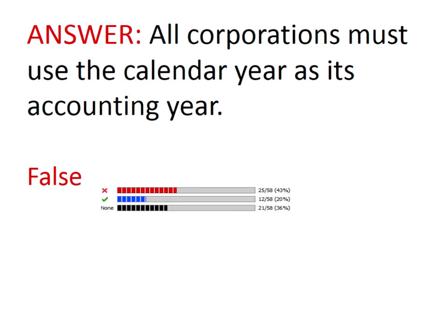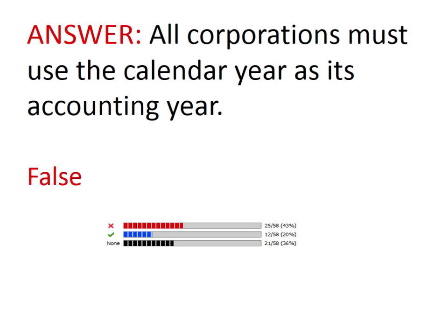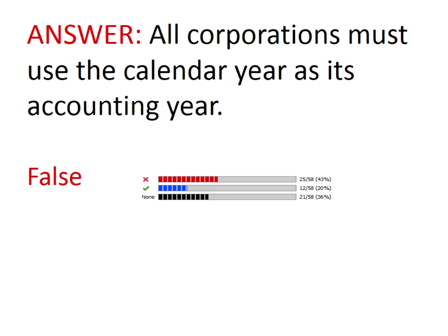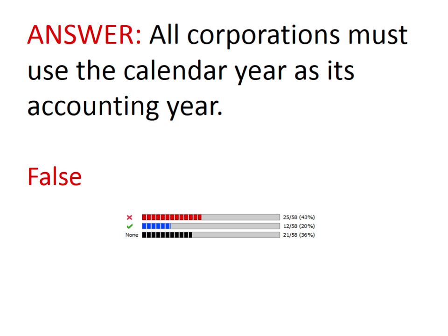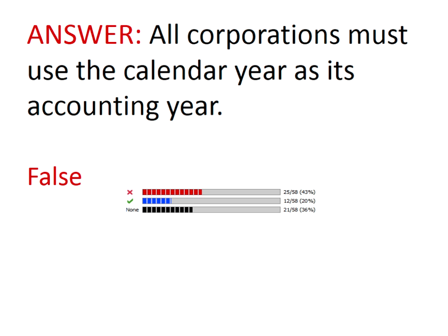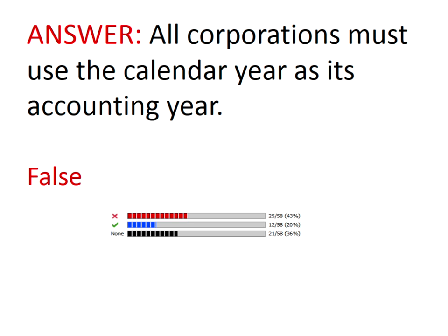It determines the year that makes most sense for it. For example, Kent State doesn't have a calendar year for its financial statements. It has a year that goes July 1st to June 30th, because if we cut it off in the middle of a year, that wouldn't make sense. So a corporation or any entity picks the year that makes sense for them.